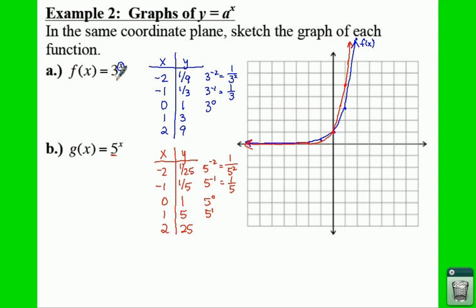Well, if your a gets smaller, then you have a wider curve. You still intersect through the same point though. Both graphs actually have the same asymptote. They both have a horizontal asymptote at y equals 0.